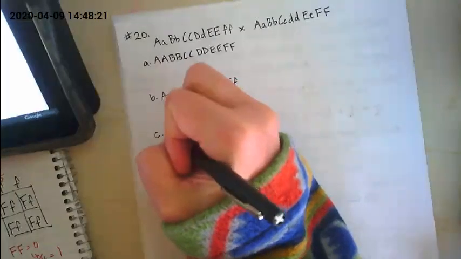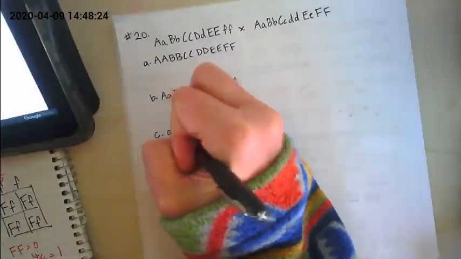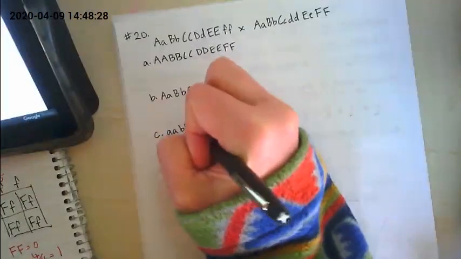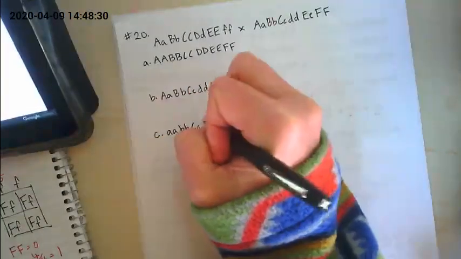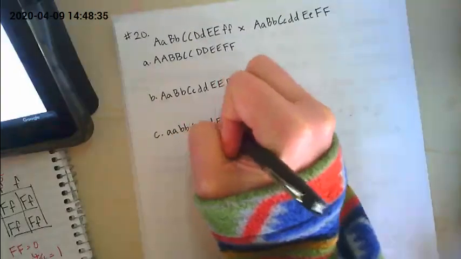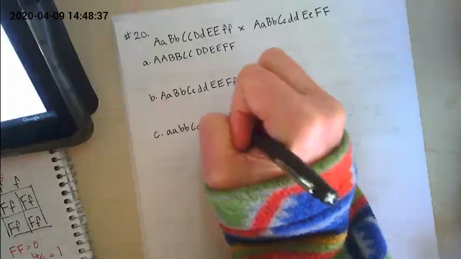And then the last one is homozygous recessive A, recessive Bs, het C, het D, het E, and het F.